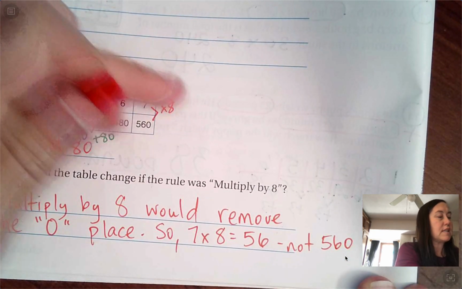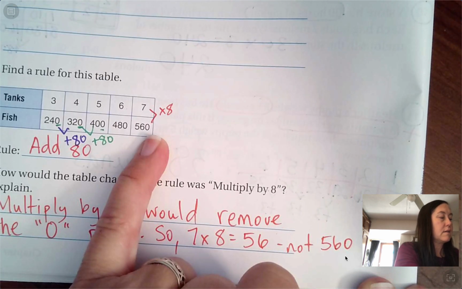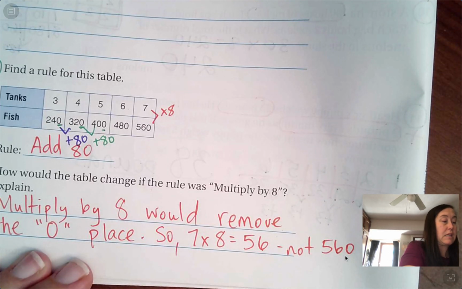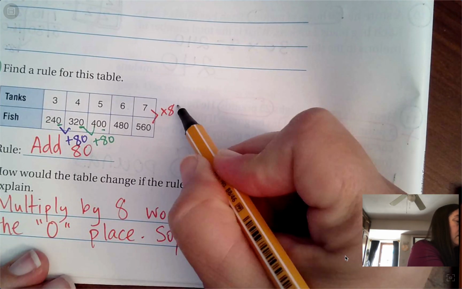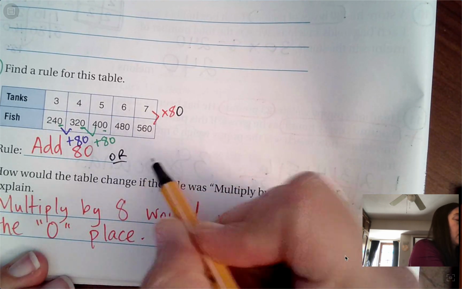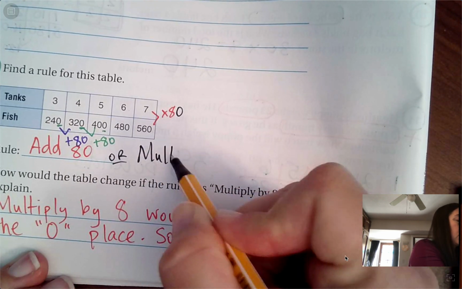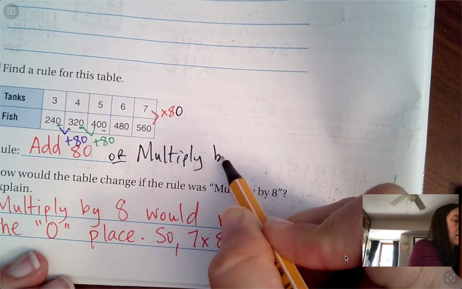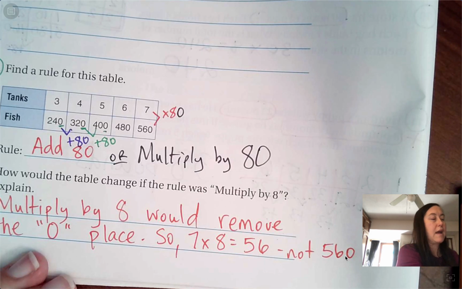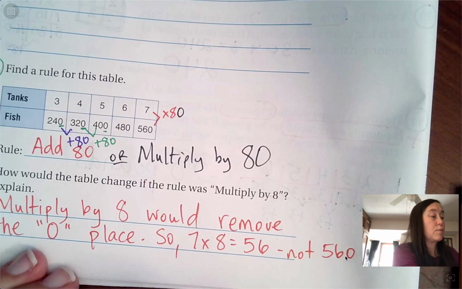So if it was just 7 times 8, that wouldn't work. So really it is 7 times 80. Do you see that? Because if we're adding 8 each time, then it's really multiplying by 80.